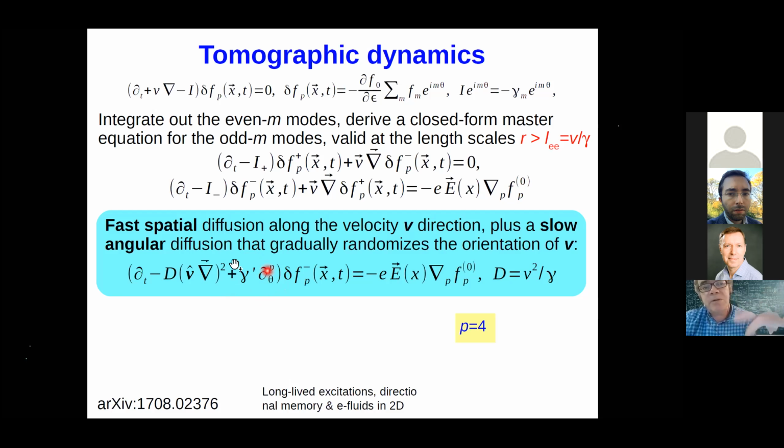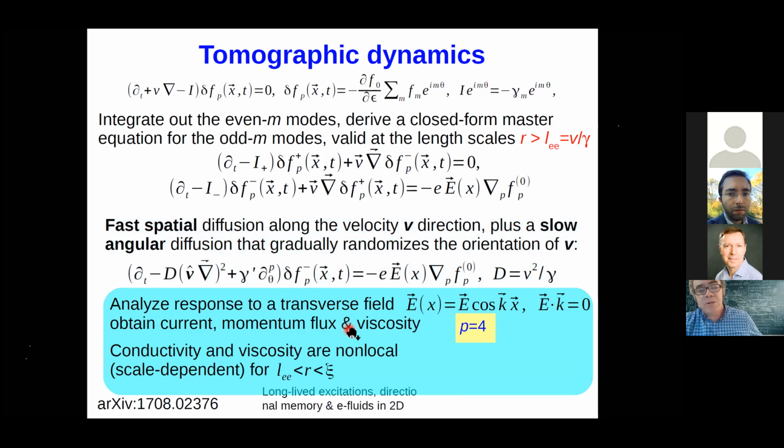So there is some angular relaxation term here, but if you ignore that, then this will be really one-dimensional diffusion along the unchanging velocity direction, and the physical meaning of that will be clear in the next slide. But then if you put in an electric field, you can calculate non-local conductivity, and non-local conductivity is also a way to calculate viscosity. And so what you find from this analysis is that the conductivity and viscosity become non-local, meaning that they're scale dependent.